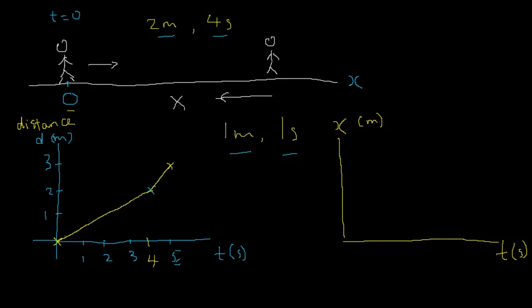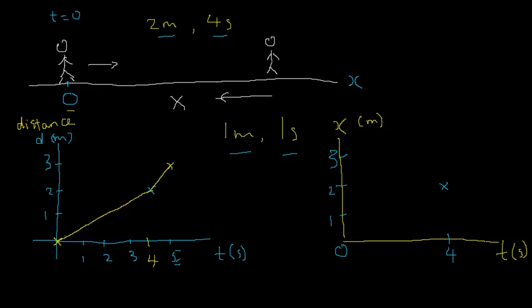So starting from 0, after 4 seconds, he walked 2 meters to there. So that's 2, that's 3, that's 1. After 4 seconds, he walked 2 meters.